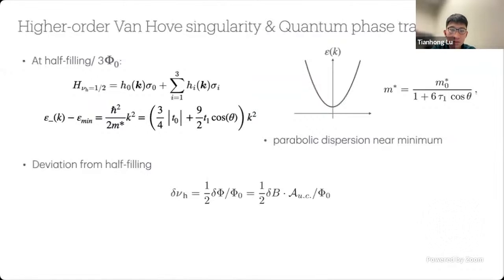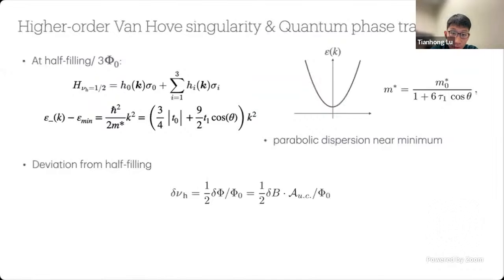It depends on which set of parameters you have. This leads to a higher order Van Hove singularity because at certain sets of parameters, this parabolic dispersion even goes to 0. And actually, the third derivative is also 0. We have the fourth derivative.